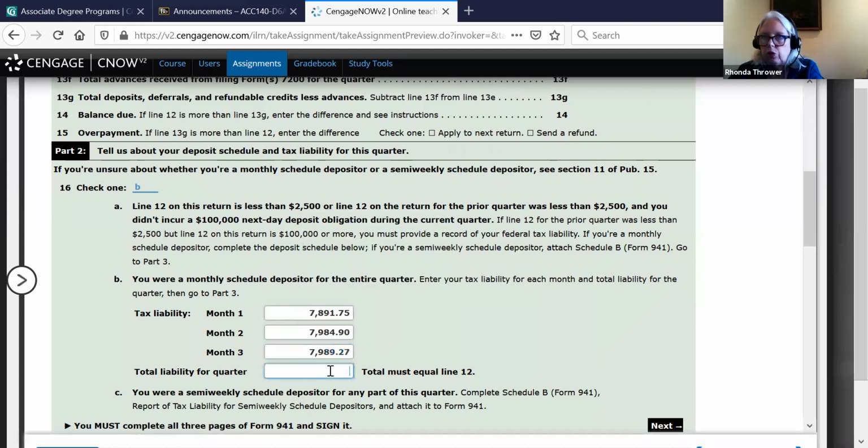Then what we're going to do is we're going to combine all of these together, and it should end up being the same amount of the deposit that we recorded on line 12 in the last problem.